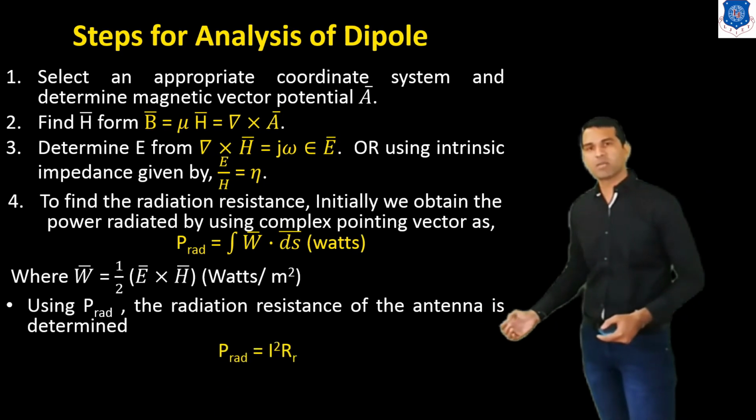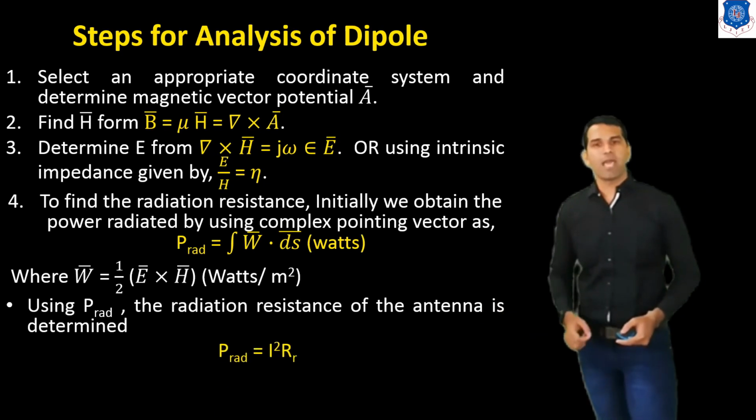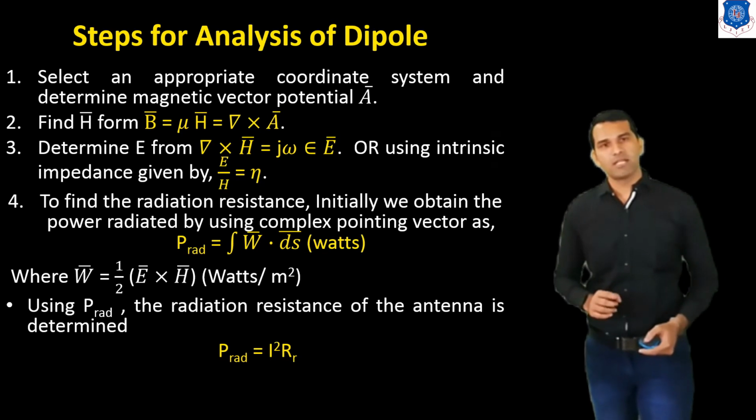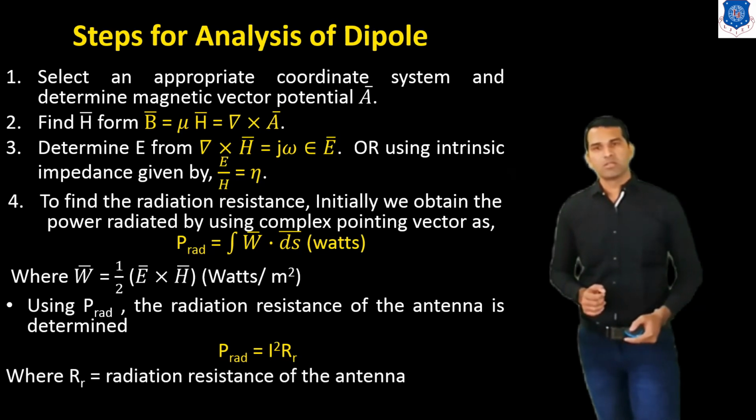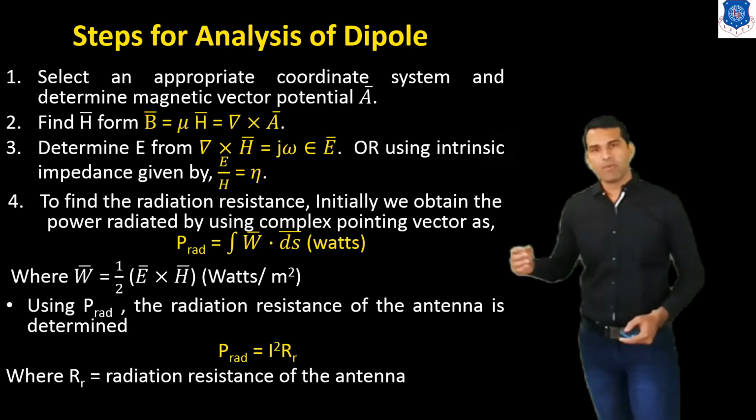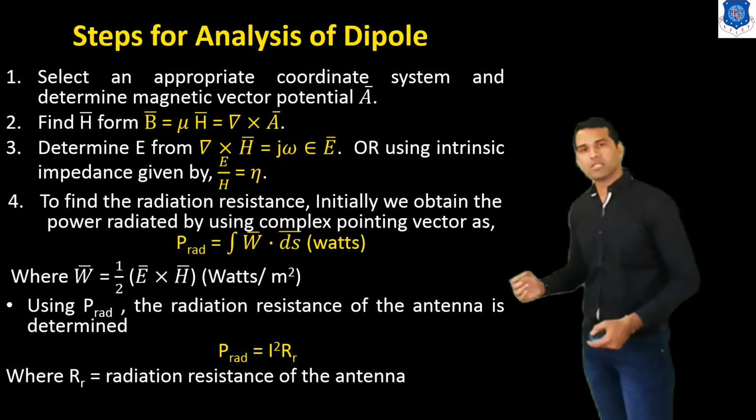The relation between the radiation resistance and the power radiated is that P radiate equals I squared R, where R is the radiation resistance R_R of the antenna. So we can find the value of R_R by using this equation.